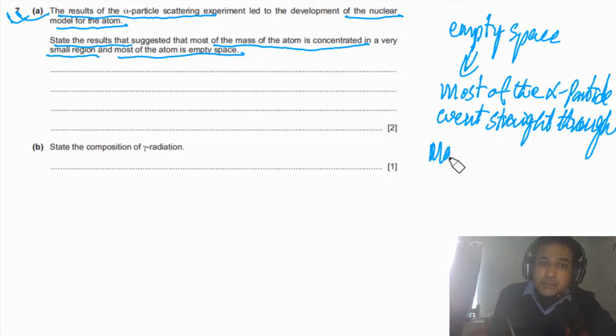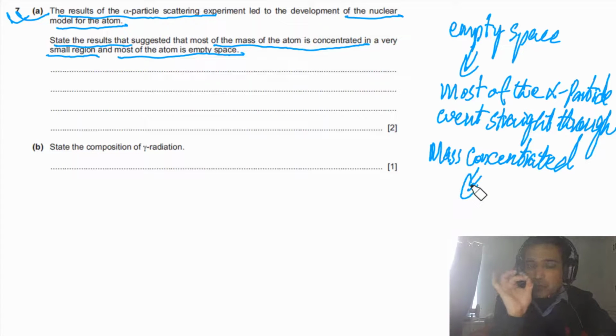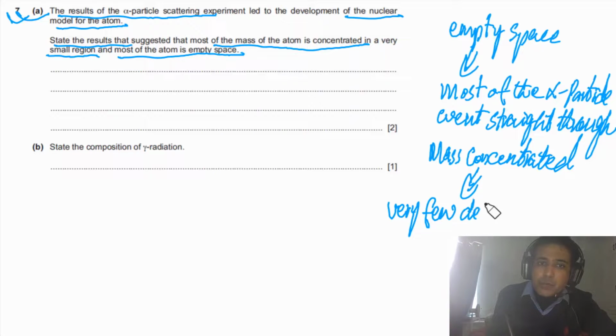The second conclusion is mass concentrated, because very few alpha particles just deflected back, very few deflected back. So this was the observation.